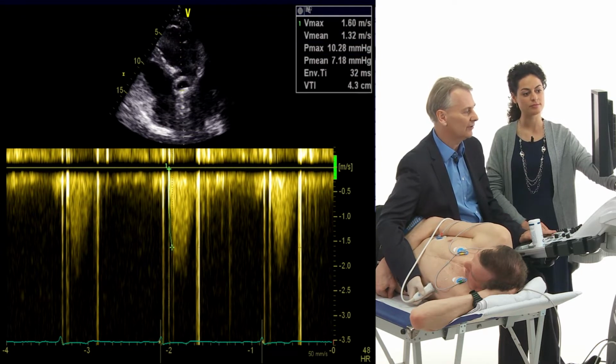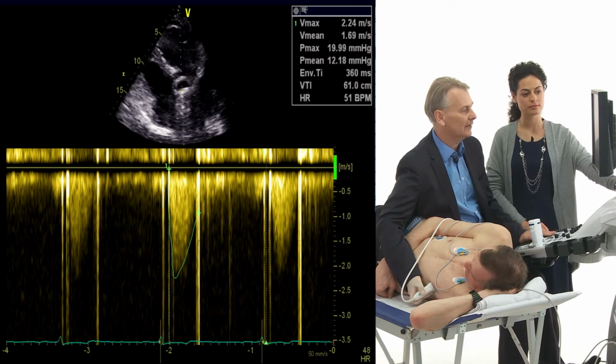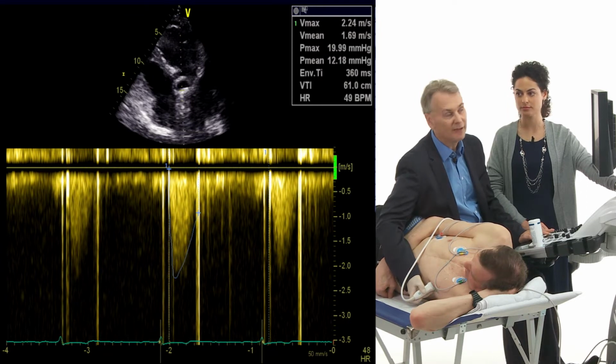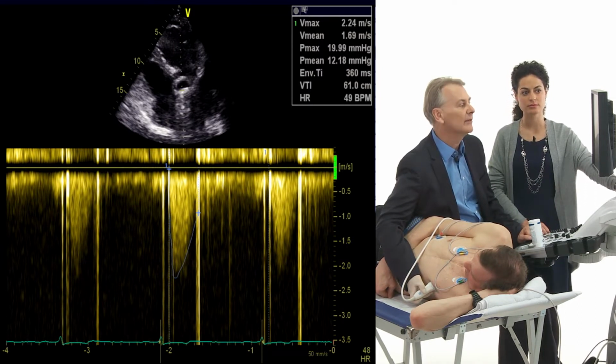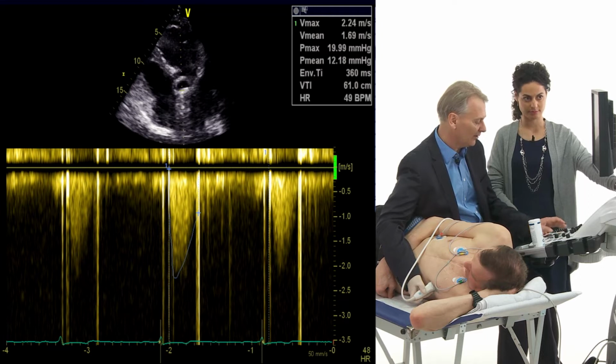In this case, we just trace the signal and we get both the maximal and a mean gradient. In this case, the maximal velocity is 2.2 meters per second, which means we have a maximal gradient of 20 millimeters of mercury and a mean gradient of 12 millimeters of mercury. So a completely normal velocity.